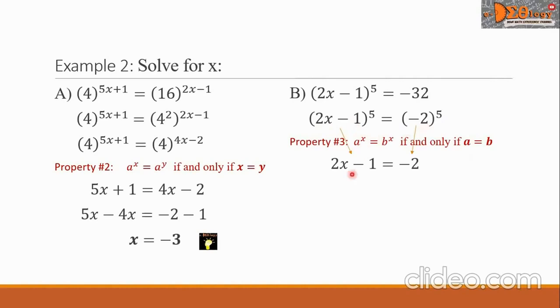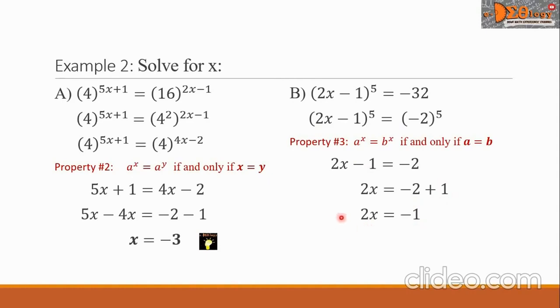Thus, 2x minus 1 is now copied here, equal to the negative 2. And from here, we're going to solve for x. The negative 1, we will transpose on the right side. It becomes plus 1. And then we will simplify further. The negative 2 plus 1 is negative 1.